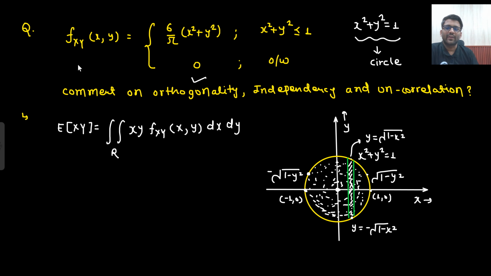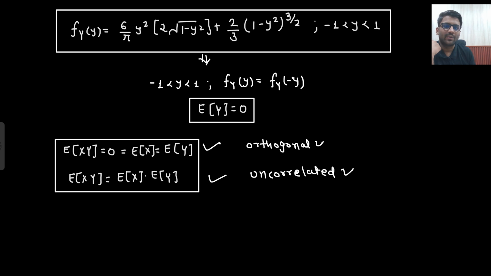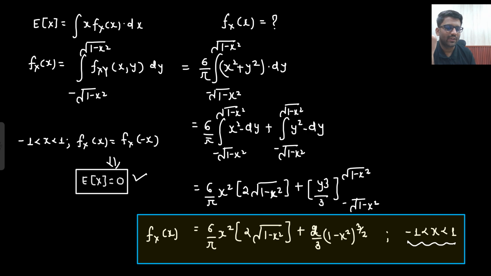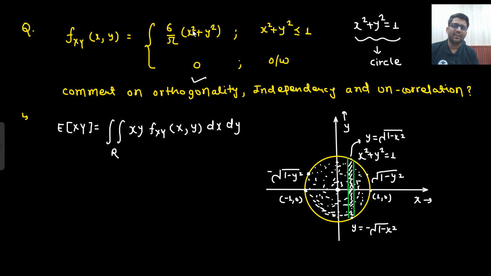You see the expression of fxy of x comma y. What about independence? Are x and y independent random variables or not? You will say, sir, I need to multiply fx of x and fy of y. If I multiply both of them, clearly it is visible that it will not come out to be equal to fxy of x comma y.